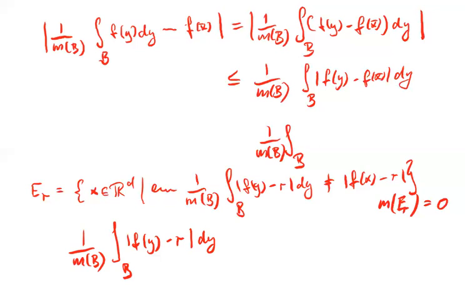Because, is it the definition of the limit? It has to do with the definition of the limit. Sure. The limit of this goes to f of x bar minus r, which is less than epsilon, right?